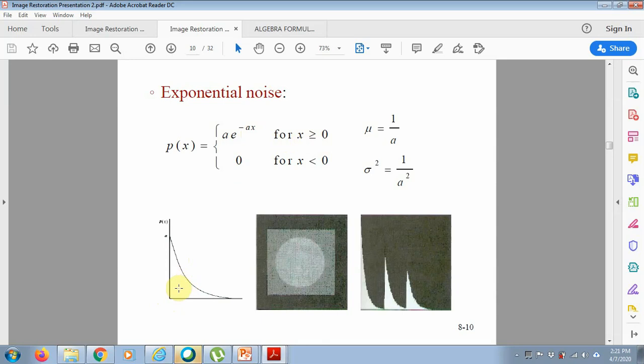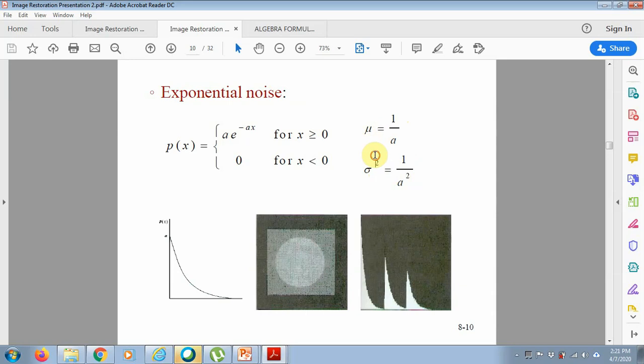So if you have values greater than 0, you will have the function a into exponential raised to minus ax, where the mean mu is defined by 1 upon a, and your variance is defined by 1 upon a square. So the formulas for mu and variance are very similar and simple for exponential noise and gamma noise.